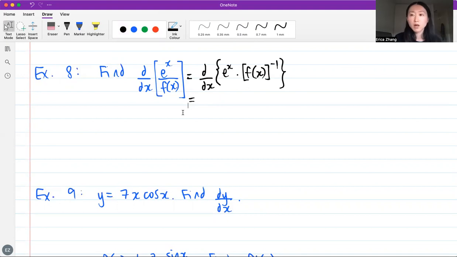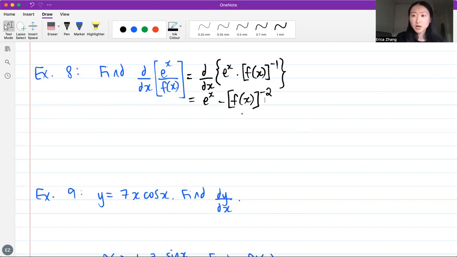Okay, so now let's just apply the product rule. First function, e to the x multiplied by the derivative of our second function. All right, let's use power rule combined with the chain rule. So the exponent comes down, negative 1 times f of x raised to the power of negative 1 minus 1, which is negative 2.